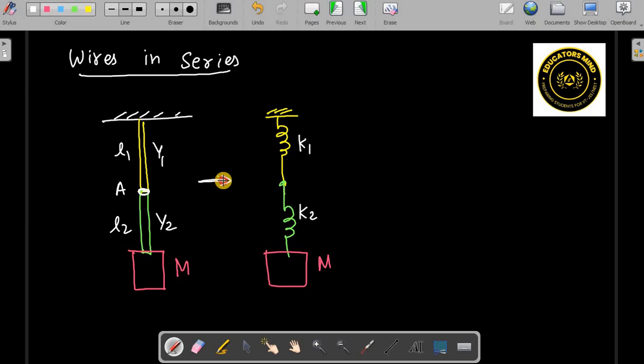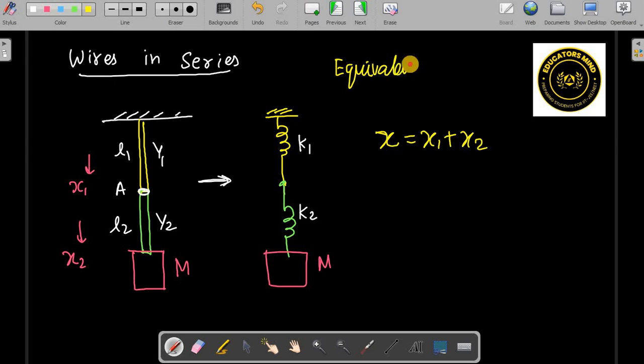So just like spring connections in series, the elongations, let's say elongation is x1 here, x2 here, are different, but total elongation x can be written as x1 plus x2. We want to find the equivalent rod, which is the same concept as equivalent spring.